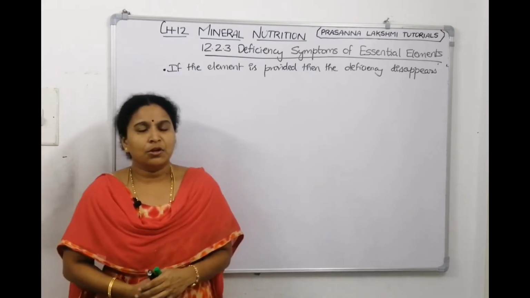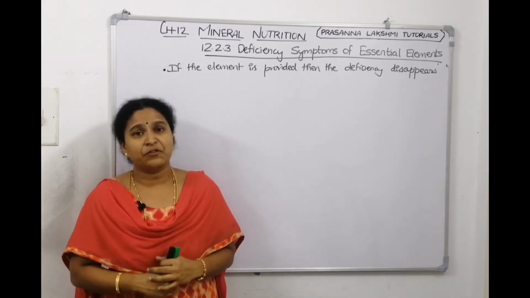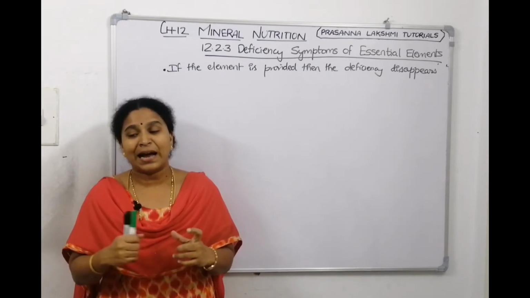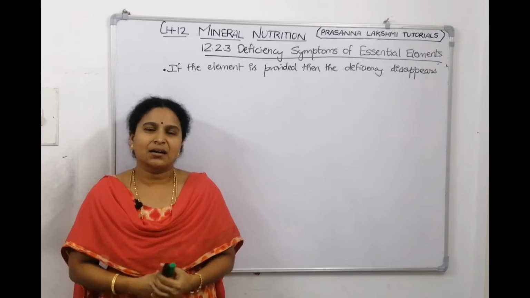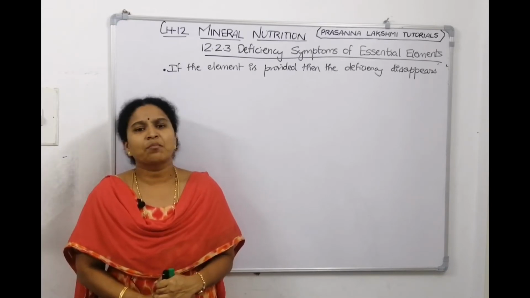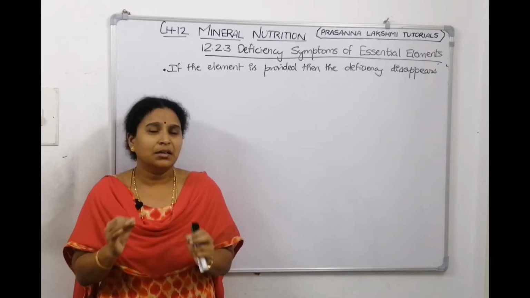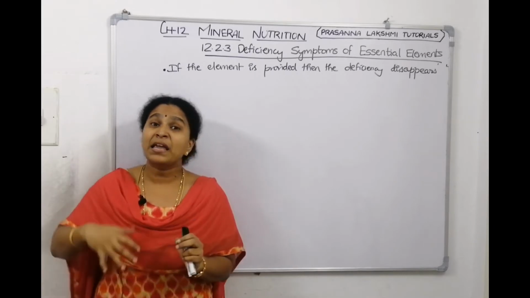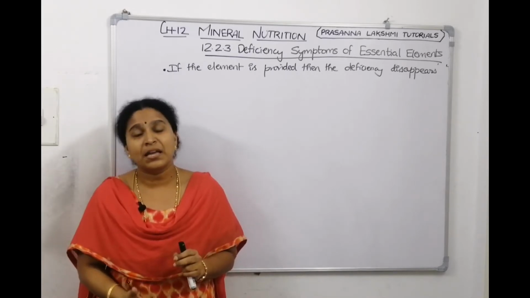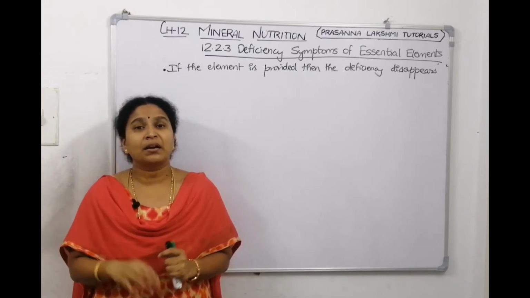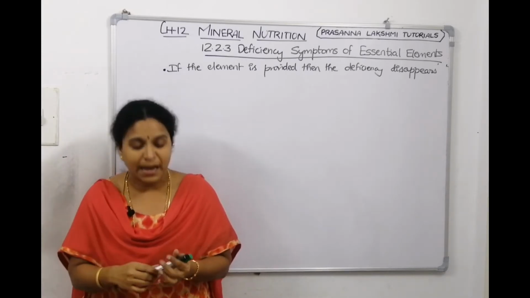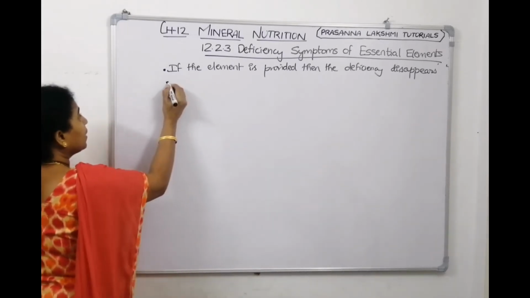But still, you understood the plant is having this deficiency. You need to buy and add fertilizer to the soil. If you do not add it, plant growth is already retarded. It will wait for some more time, and if the deprivation continues, the plant may even die. If you are not supplying that deficient element, it might lead to the death of the plant.